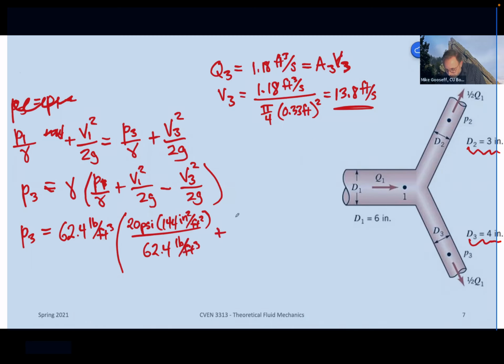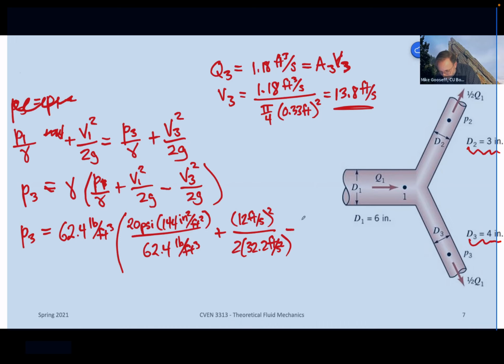Then we add V1 squared, which we were given as 12 feet per second, squared, divided by 2 times 32.2 feet per second squared.